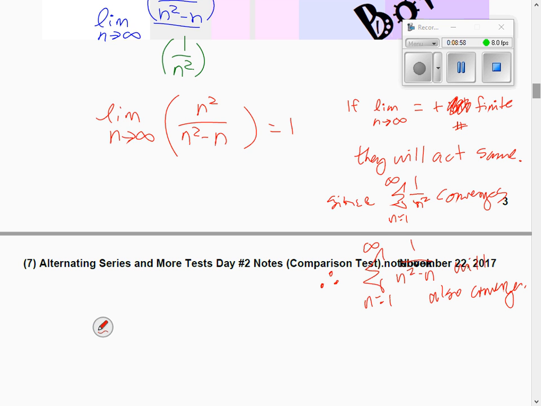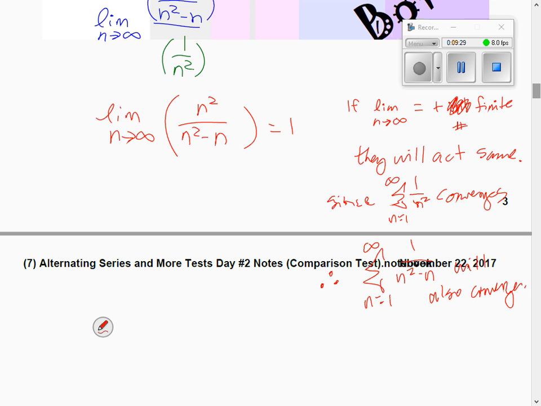What if we get infinity? Well, it'll diverge. Okay. What if we get 0? If we get 0, okay, now here's where it gets kind of funky. If we get 0 and the known function converges, then the unknown function also converges.